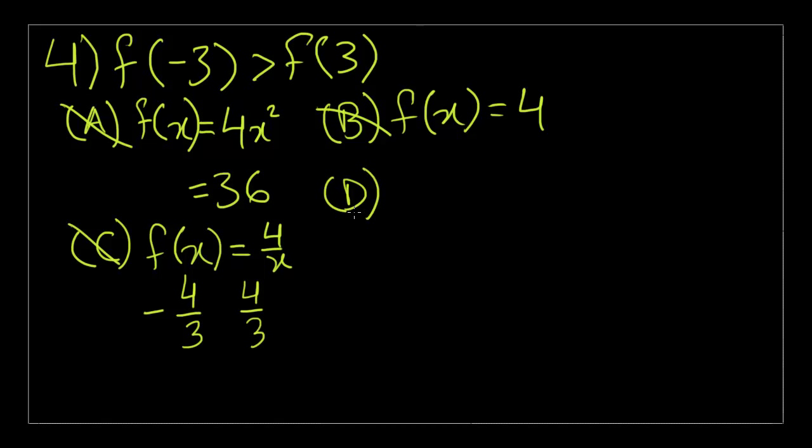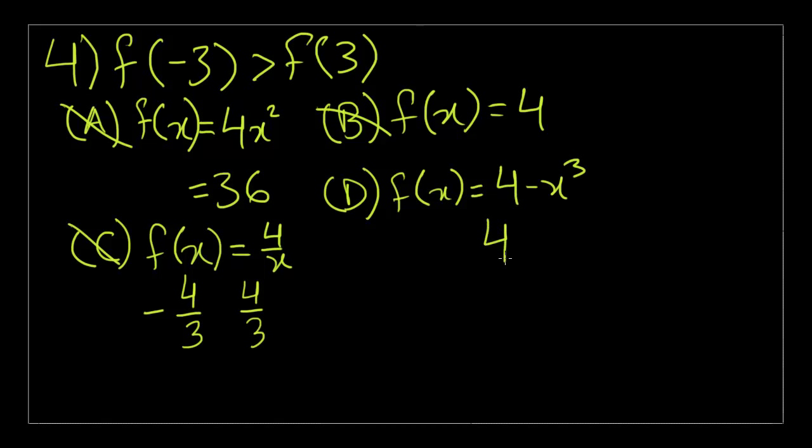So choice D is f of x is equal to 4 minus x cubed. Now this shows some promise, as we've seen that it won't work with squares. How about cubes then? Okay, so if we use negative 3 cubed, negative 3 times negative 3 is 9. 9 times negative 3 is negative 27.